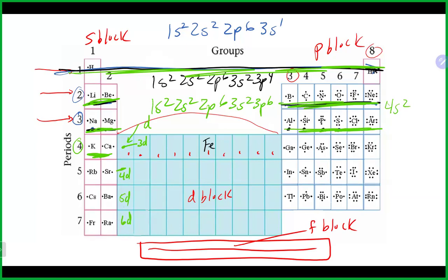So that's why I say you got to be careful, because you don't want to write 4D here, because it would be incorrect. So again, you got to watch out for little things. But if you do know that's 3D, that would be 3D1, 3D2, 3D3, 4, 5, and 6. A little 3D6 going on there. So you do have to be careful in that transition metal region, as it is, again, one behind.